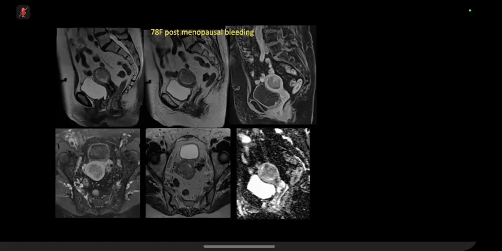There is an abnormality in the uterine cavity where there is a low to intermediate T2 signal mass, which on the post-contrast images demonstrates some mild enhancement, particularly at the posterior border. There's also some fluid within the endometrial cavity.